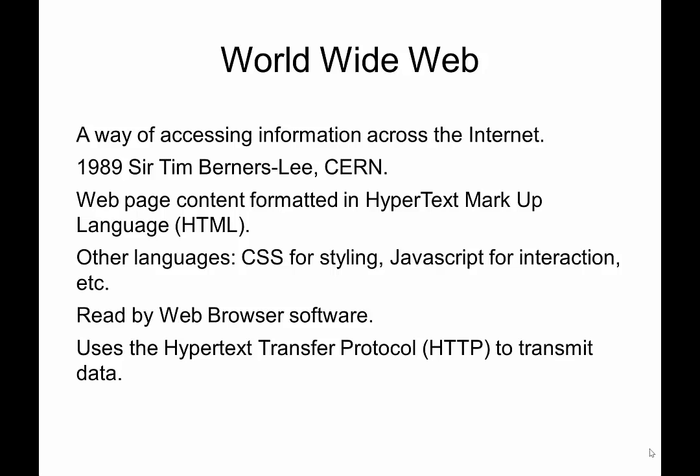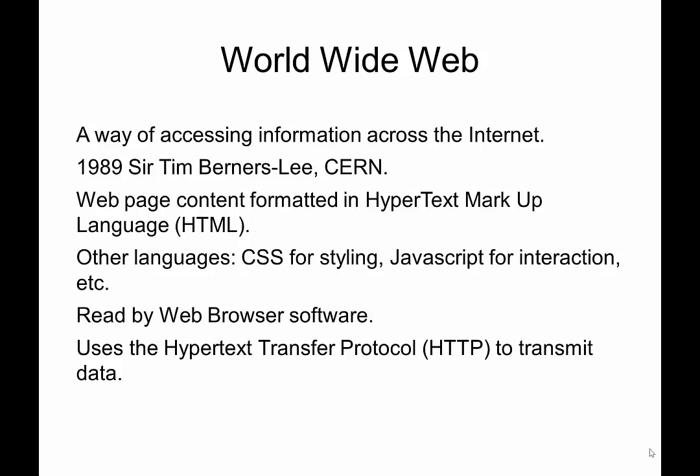The World Wide Web doesn't come along until 1989, developed by Tim Berners-Lee when he worked at CERN, the European Particle Physics Laboratory. What is the World Wide Web? Well, the World Wide Web is a way of accessing information on the internet.